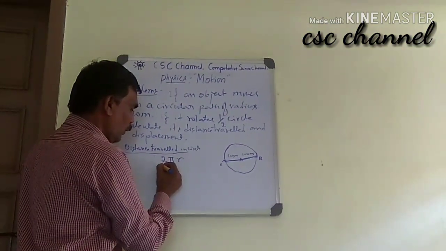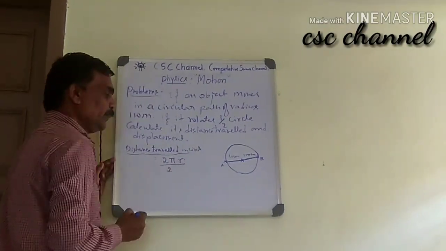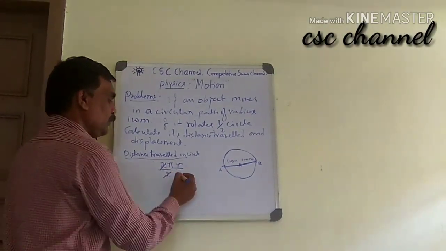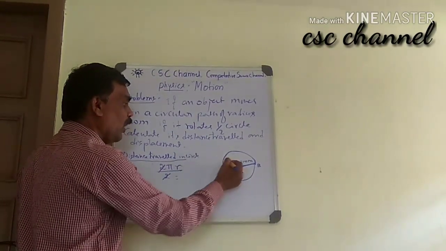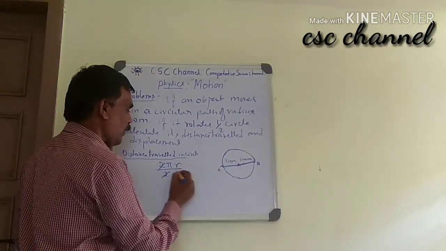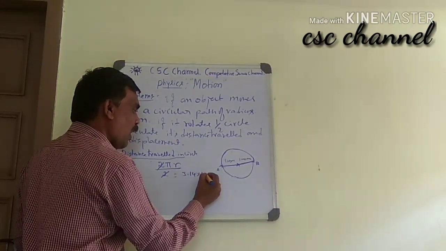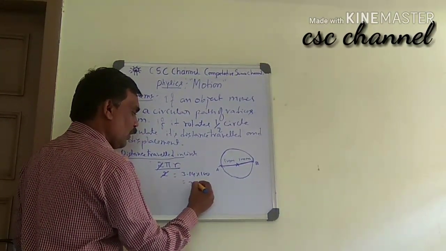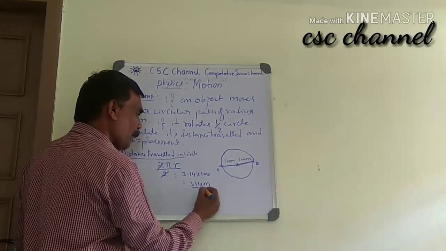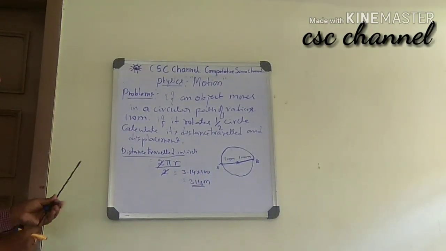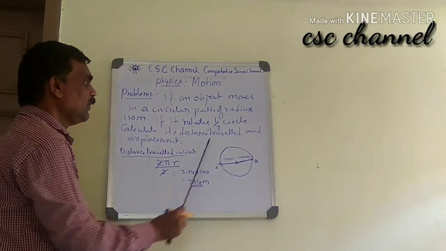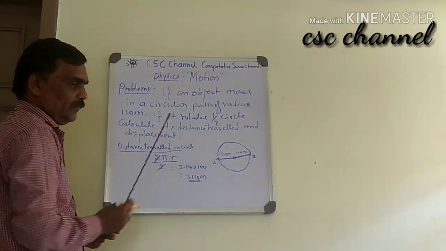So 2 pi r by 2. 2 cancel. Pi r is the distance traveled. Pi means 3.14 into 100. That is called 314 meter. This is called distance traveled in the half circle.